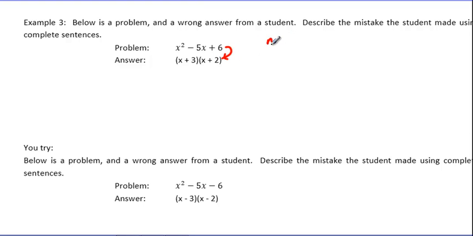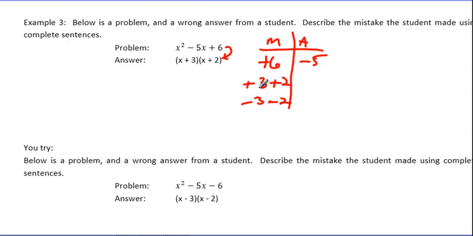Well, I'm sure this person was thinking an MA chart, where we got to positive 6 and negative 5. The positive 6 means I have to have the same sign, either both positive or both negative. Positive 3 and positive 2 is positive 5. Notice that person's using positives. The problem is we need a negative 5. So they should have used negative 3 and negative 2.